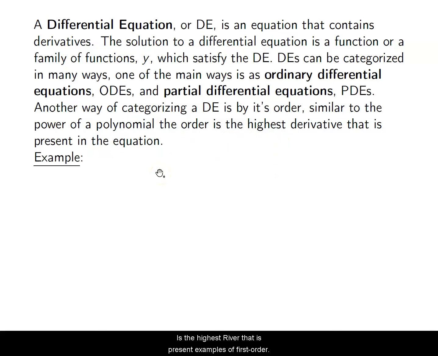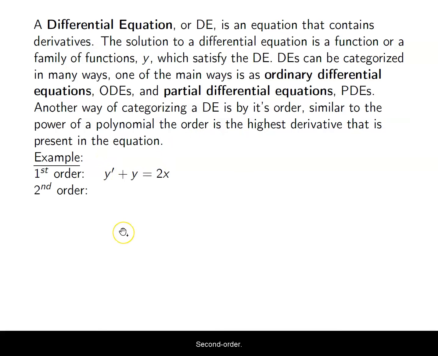Okay, so here are a couple examples. A first order differential equation should not have anything higher than a first derivative present. Okay. A second order DE will have a second derivative present in the equation. Okay. So what this is basically saying for this first order here is that if I take a function and I differentiate it and I add it to the original function, I will get out 2x, right?